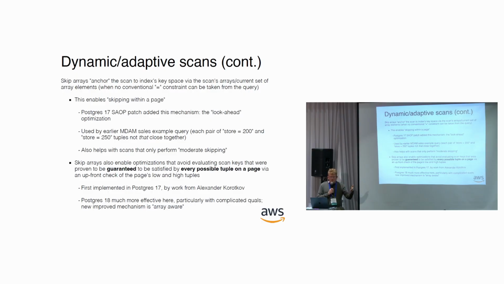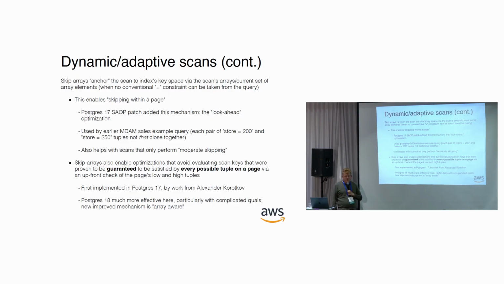Even when we're not able to skip in the way that you would hope, we can still skip within a page by applying that same concept, which turns out makes quite a large difference. In fact, in the example you saw earlier, you'll recall how an individual store, they were on the same page, but they weren't that close together. It was 200 and 250, right? So we could skip within a page by applying the same principle.